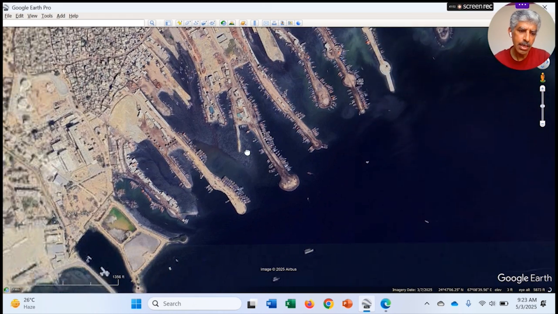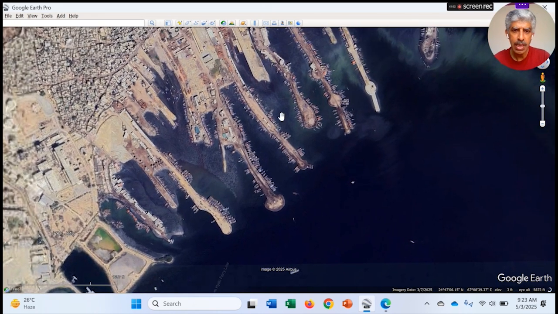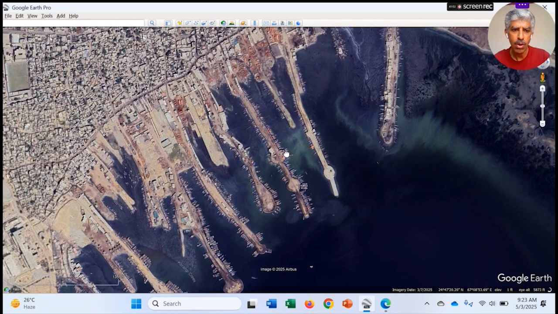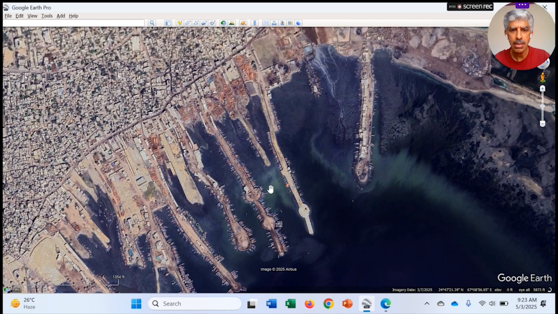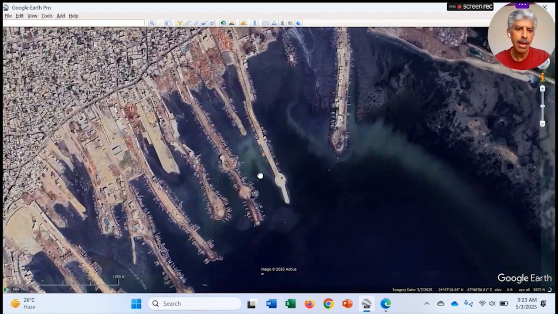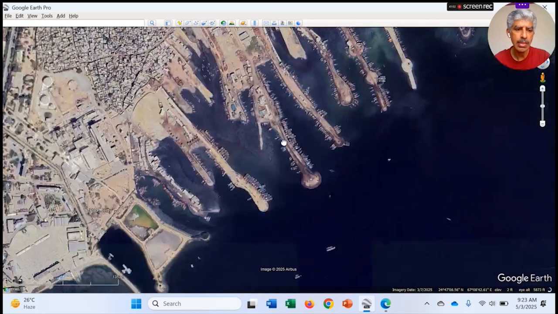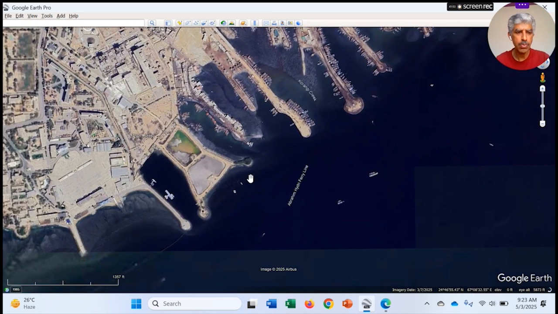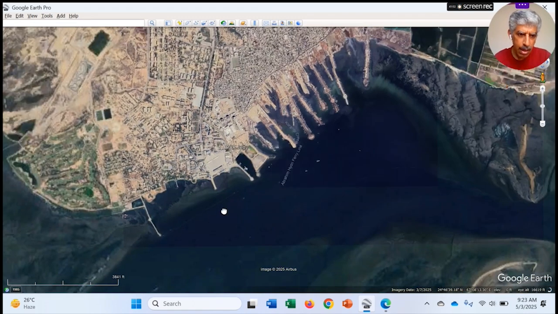You can see that many of these small boats are anchored over here, and they are being used for the fishing industry of Pakistan from the Sindh coast region. And many fishermen are working over here in this industry, making Pakistan's exports quite higher.